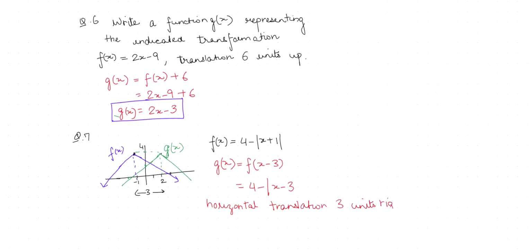So in place of x, we'll write x minus 3 and 1 will come as it was. Now we simplify. So this becomes 4 minus x minus 2. So g(x) is 4 minus x minus 2. So f(x) was, sorry, 2.